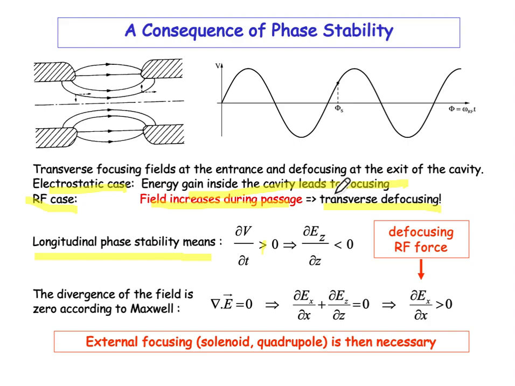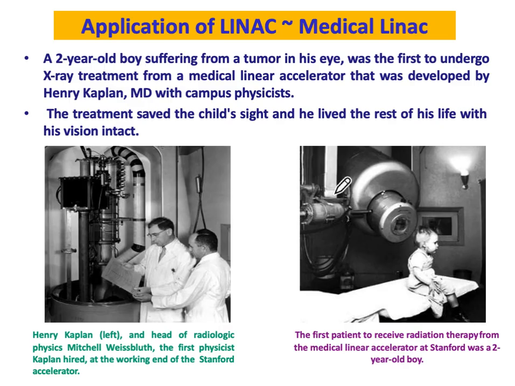I want to go through medical linear accelerators very quickly. Here you can see Henry Kaplan, MD. He worked with the physicist Mitchell Wisbloch to apply this radiation on a patient.